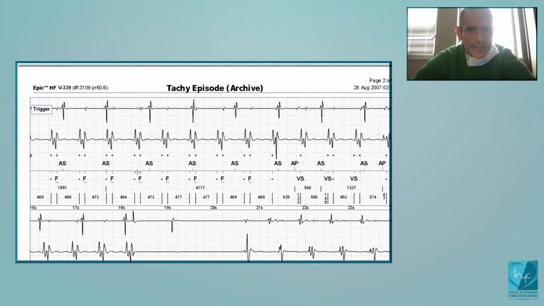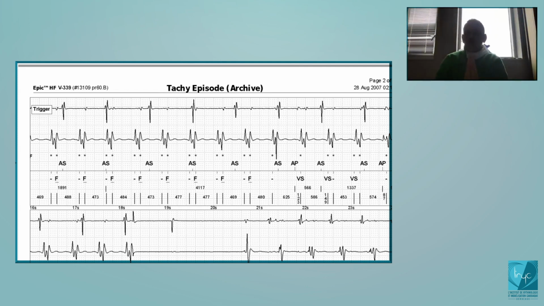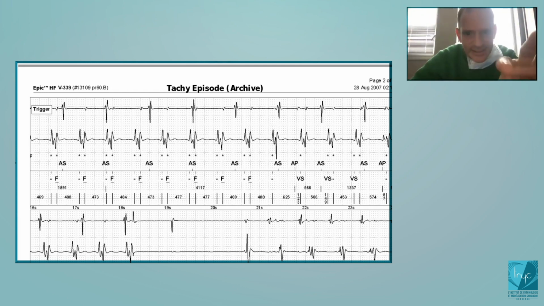Okay, any question on that? That's something very, very important. Once more, the way you are classifying every cycle has been done to decrease the risk of no therapy in case of VF, in case of undersensing. That's the main reason why this has been developed like this.